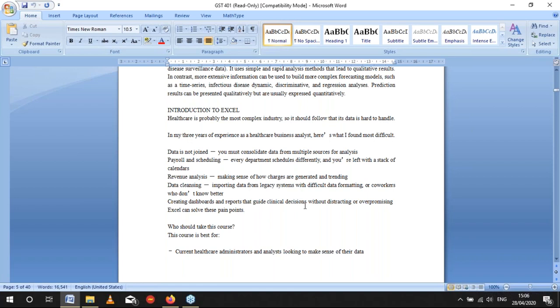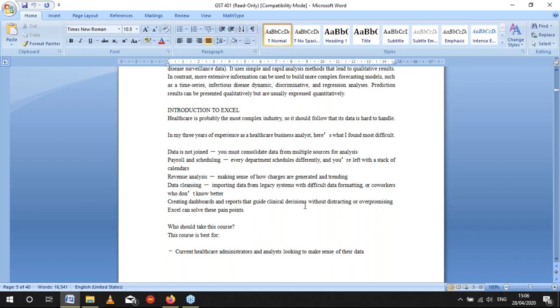Reasons why it is very hard. You must know this as healthcare managers. Number 1, the data is not joined. There is no adjoining data. You cannot join the data. Every data stands on its own.